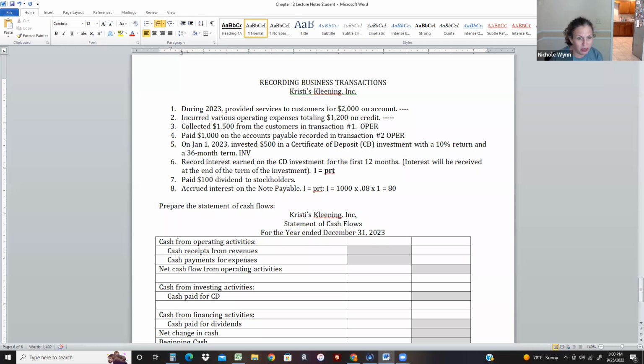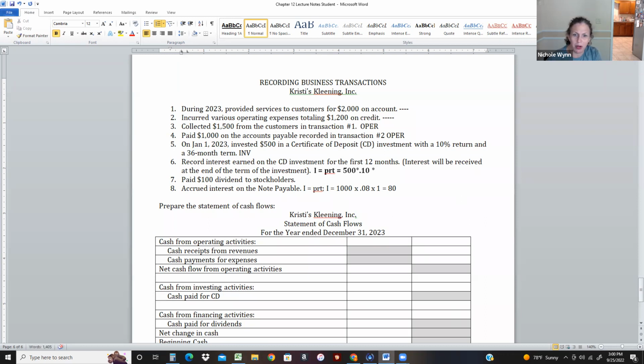Record interest earned on the CD. Okay, so that CD is not going to pay any interest until 36 months. But we all know that we would use I = PRT, and we would calculate how much interest we earned. It's $500 at 10% for 1 whole year.